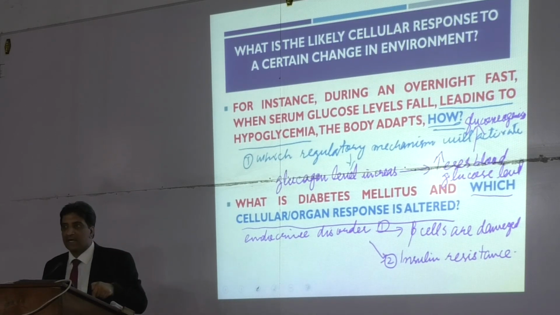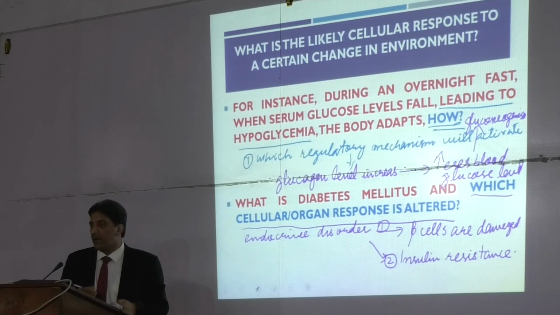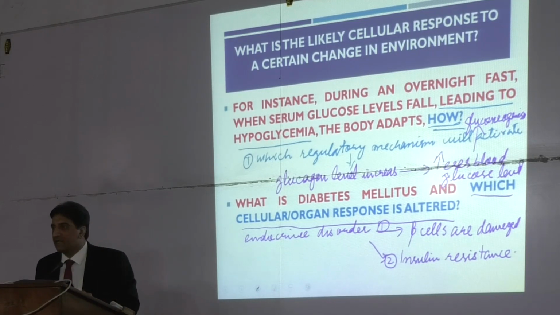The second reason is in type 2 diabetes mellitus: the insulin is present, but it cannot act on the cells, and the cells become resistant to the action of insulin. So insulin resistance develops.